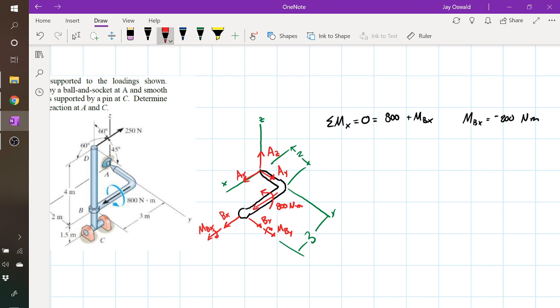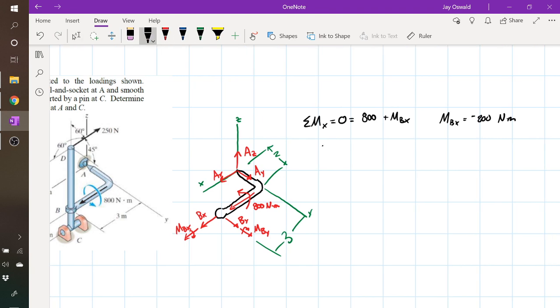Okay? So moments about the Z-axis are going to give me that, what, 2BY minus, oh, wait, no, sorry. X. Yeah, minus 3BX is equal to, I think I screwed that up. Yeah, so it's 3BY and 2BX is equal to 0. Okay, so that gives me a relationship between BX and BY.